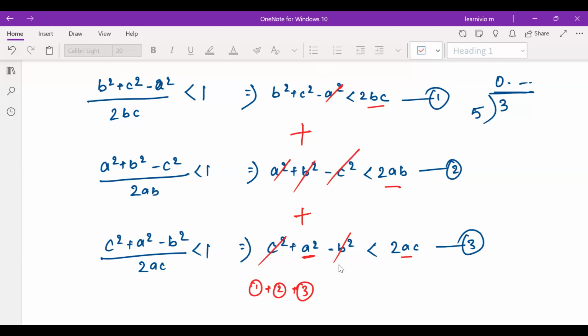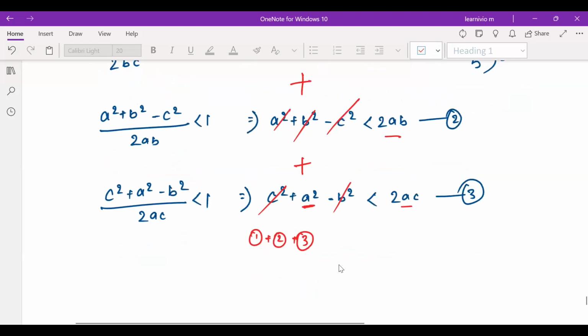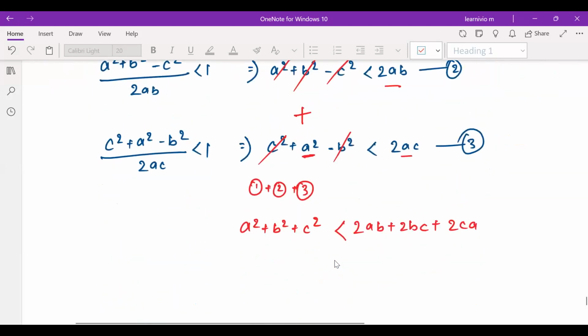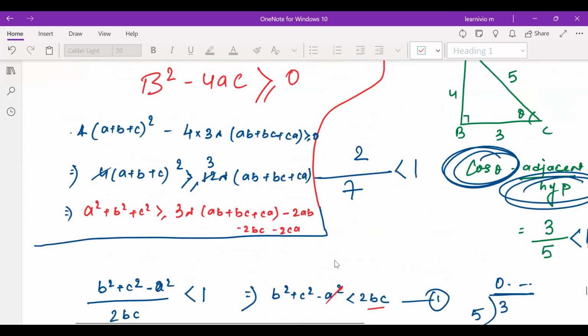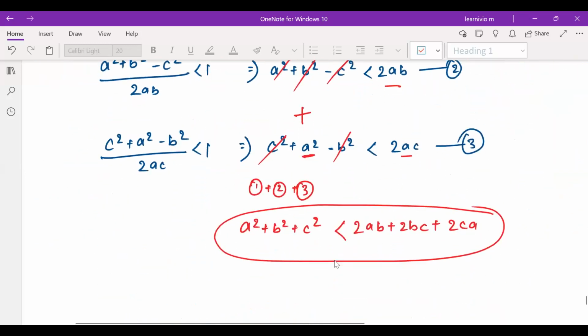Yes, ma'am. We are having 1a square, 1b square and 1c square that is less than 2ab plus 2bc plus 2ca. Okay, we will be using this relation and this relation.